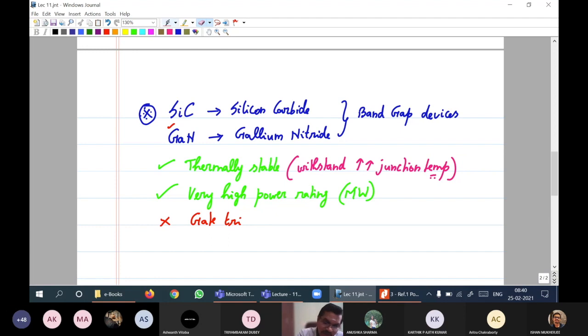Gate triggering is slightly sensitive and complicated. But to avoid that complexity, GaN devices come along with gate circuitry. They are embedded. The gate triggering part is embedded along with the gallium nitride device.